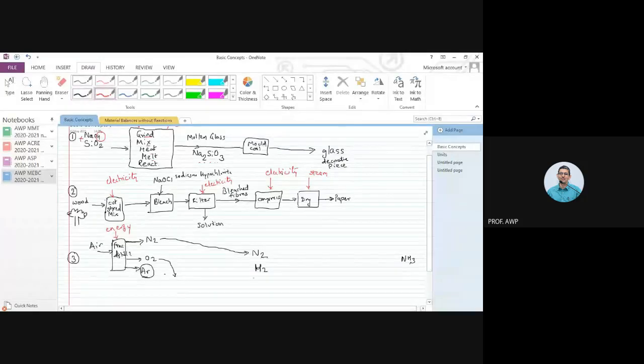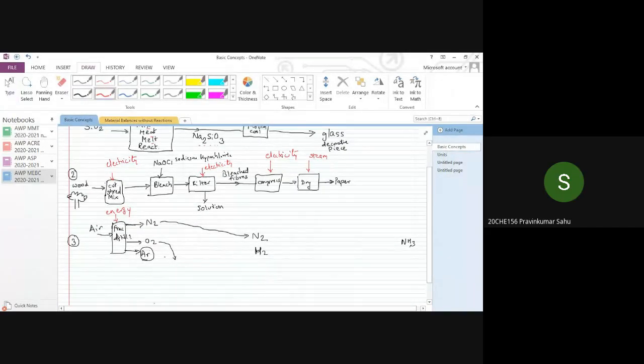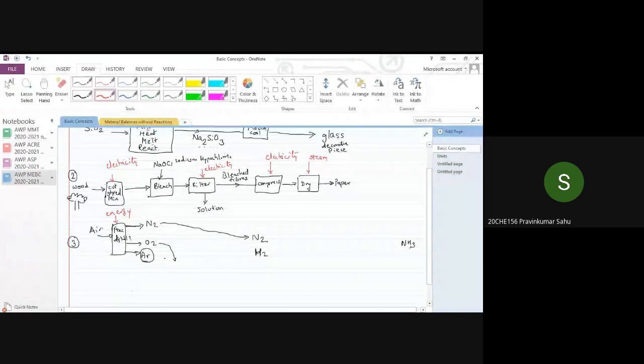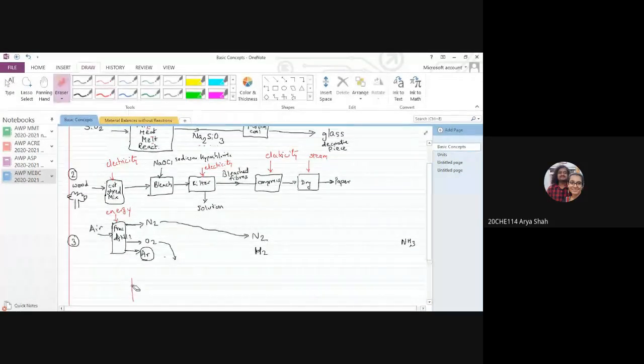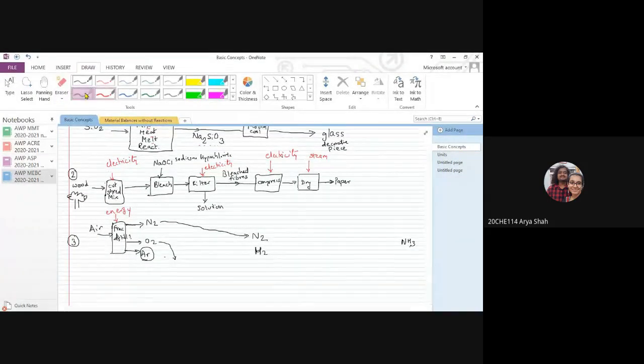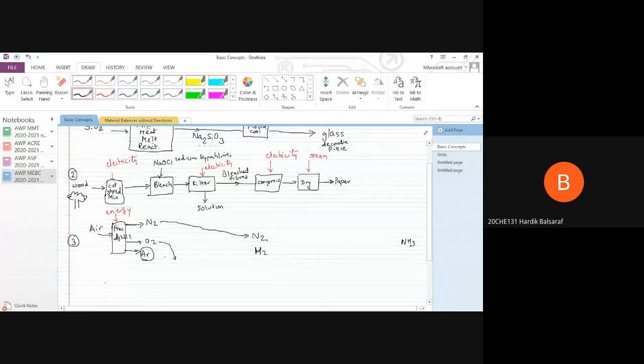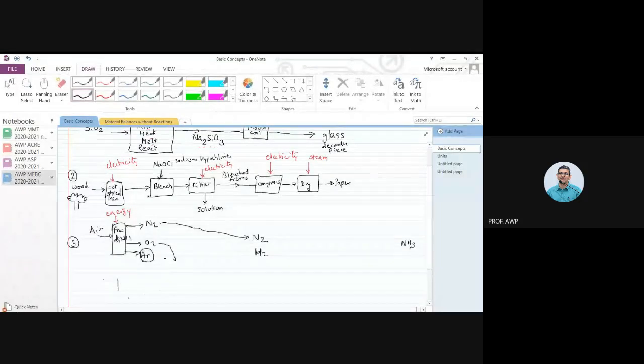Okay, so now that we have got nitrogen, how do you get hydrogen? The electrolysis of aqueous NaOH. By cracking of alkanes. Did you say fracking?